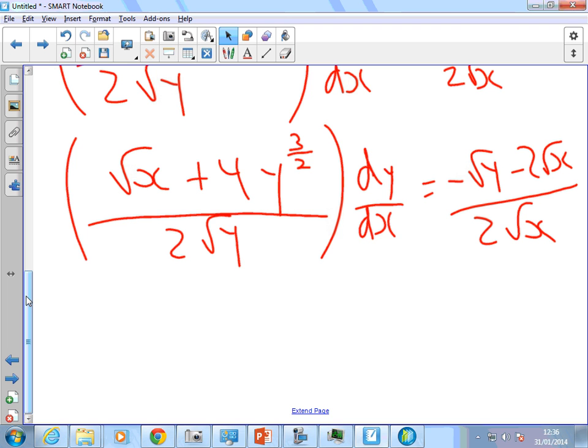Multiplying the left hand side by 2 root y, taking it over to the right hand side, you can see that the 2's cancel out, and then dividing through by this.